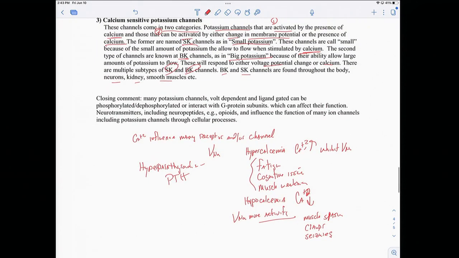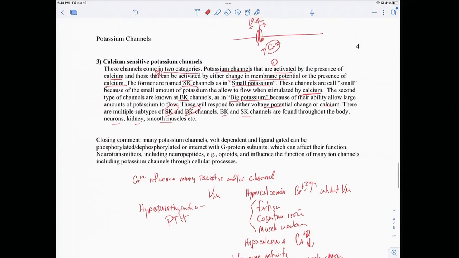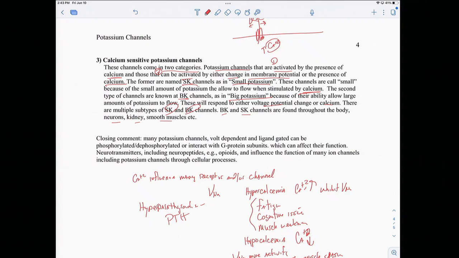Okay. All right, again, a little side junket there just to highlight that calcium influences many different types of channels. And again, I just want to use an example of voltage-sensitive sodium. But anyway, back to calcium also influencing potassium channels as well.